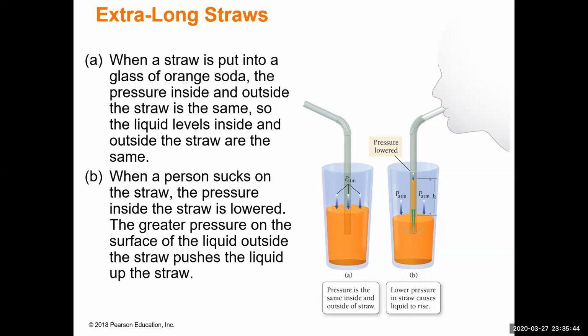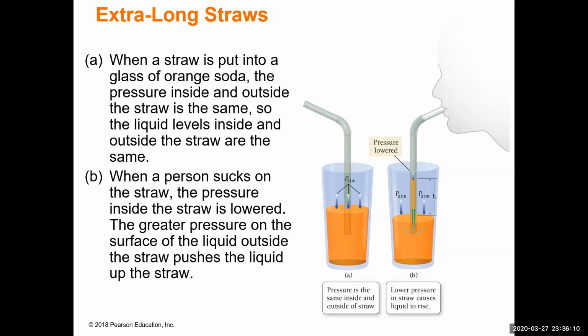In figure B, we see now a person is sucking on the straw, which ends up reducing the pressure inside of the straw. Again, this means that we've removed some of our air molecules as we start to suck on the straw, and because of this, the pressure inside of the straw is lowered.